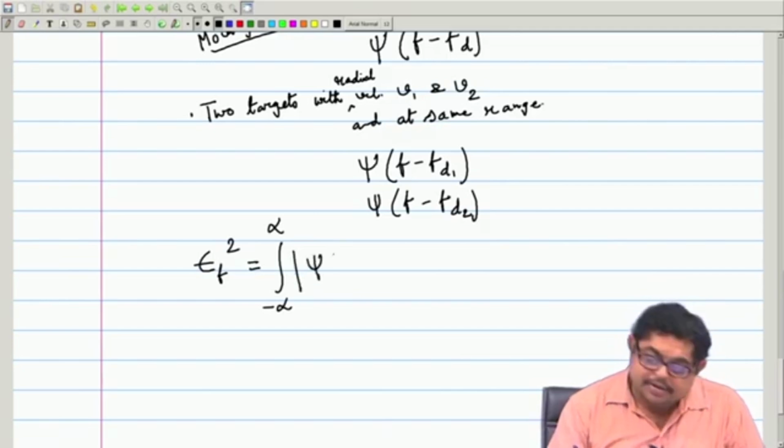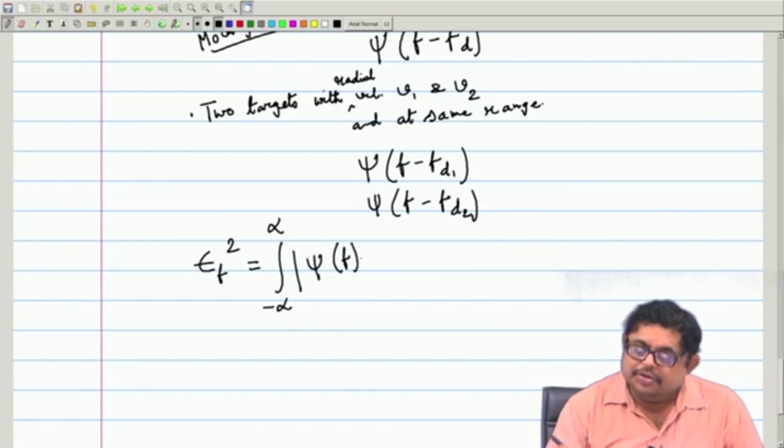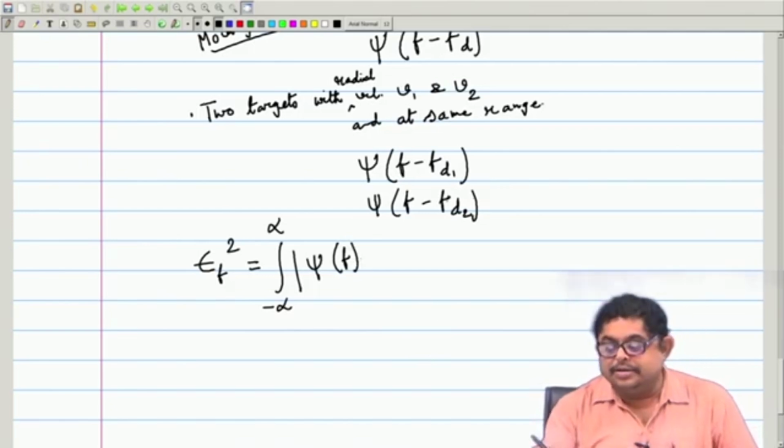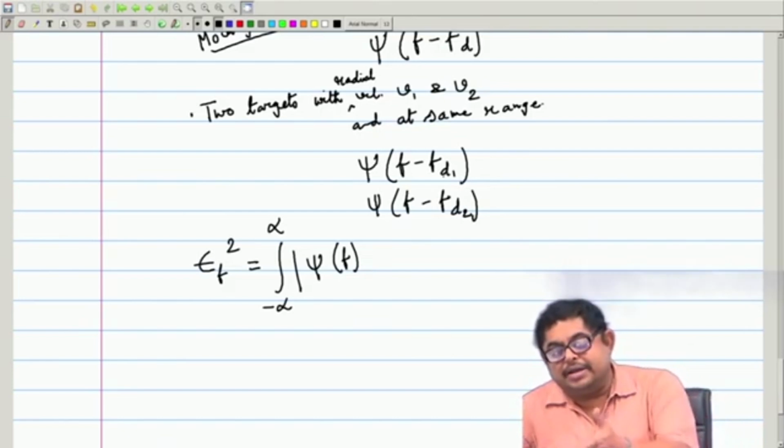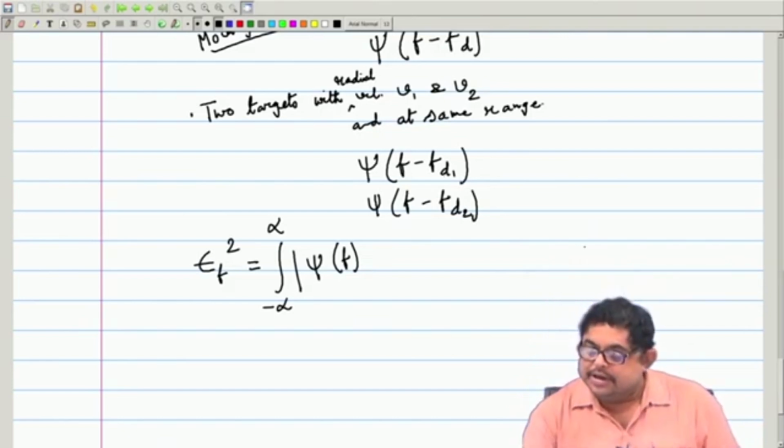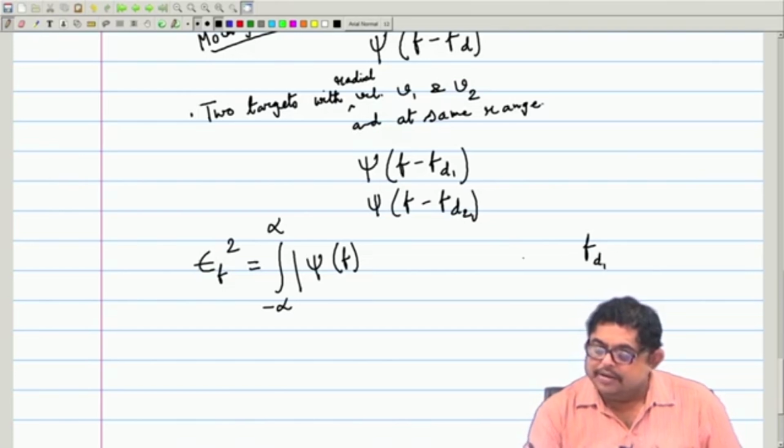Again I can make any of them a reference. So, let us say that our reference is f d 1, and then without losing generality I can make this f d 1 to 0.